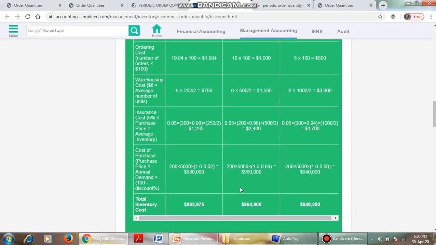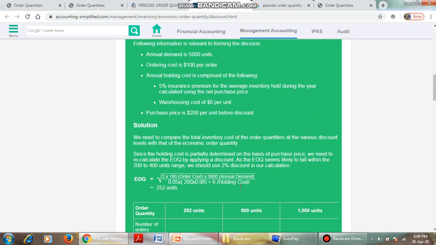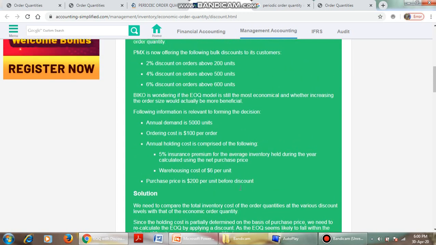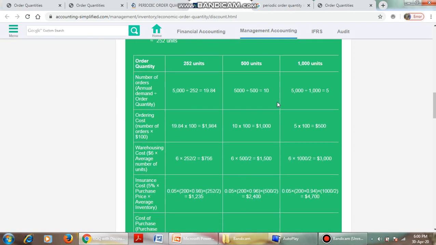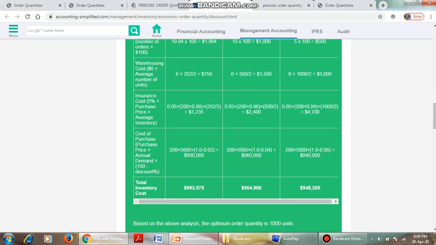For above 200 the discount is 2%, for above 500 it is 4%, for above 600 it is 6%. So same here: 200 into 5,000 into 1 minus 0.04, and 1 minus 0.06.